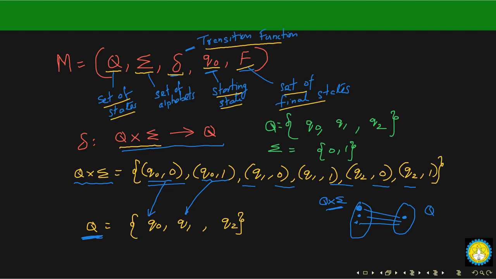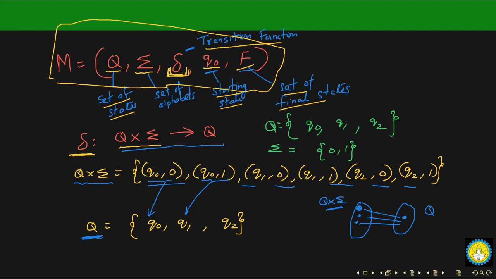Now let's understand the mathematical definition of an NFA. When you define an NFA, the 5-tuple remains the same. There is no change in this. The only change is in the definition of the transition function.